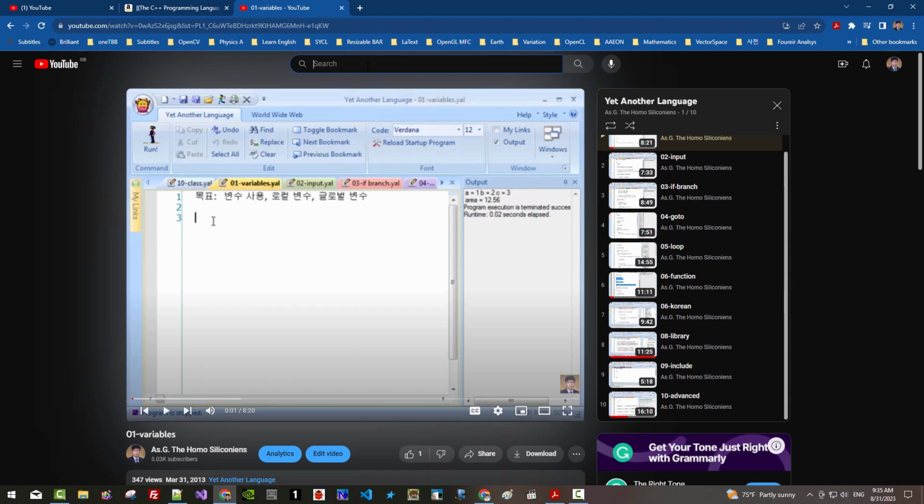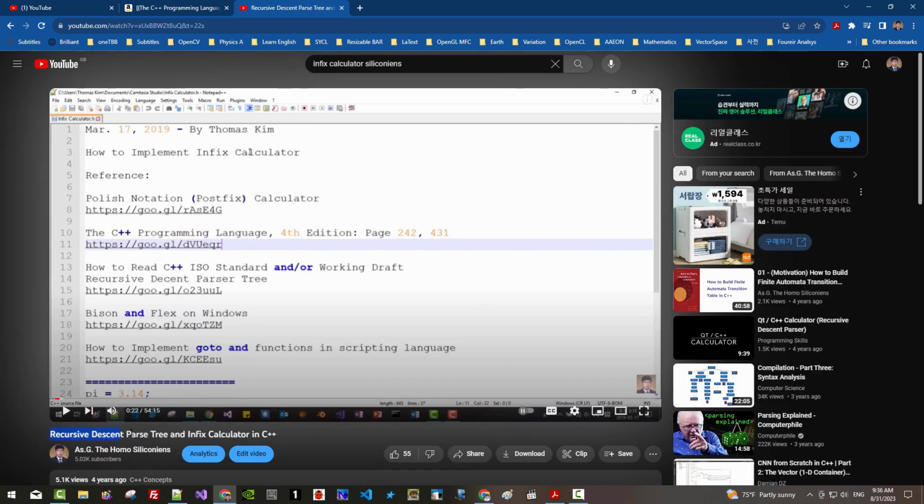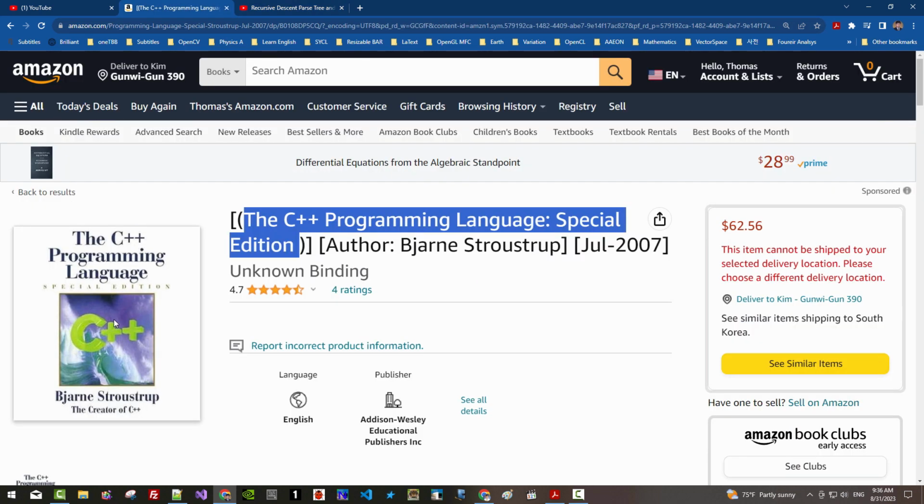For example, in Pix Calculator Siliconian, in this video, I explained recursive descent parse tree and how to create it in Pix Calculator. I learned recursive descent parse tree by reading this book.